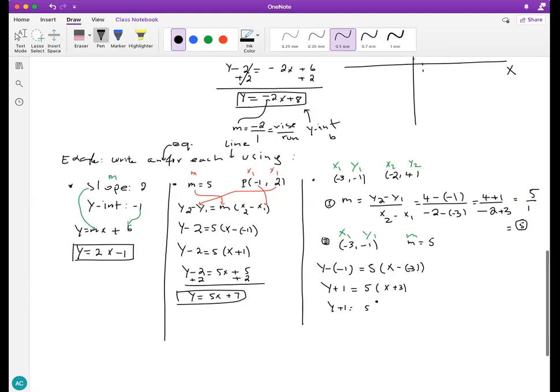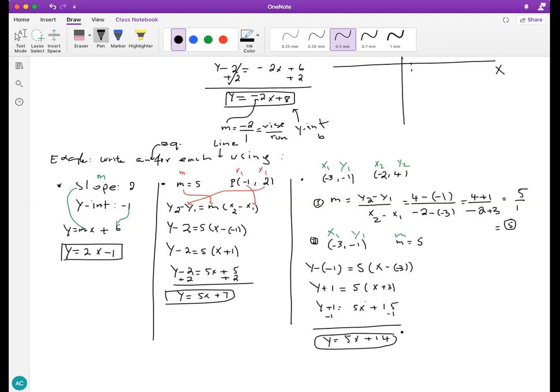So 5x plus 15. Now we can do -1, -1. So y equals 5x plus 14. Okay, and that's your final equation here.